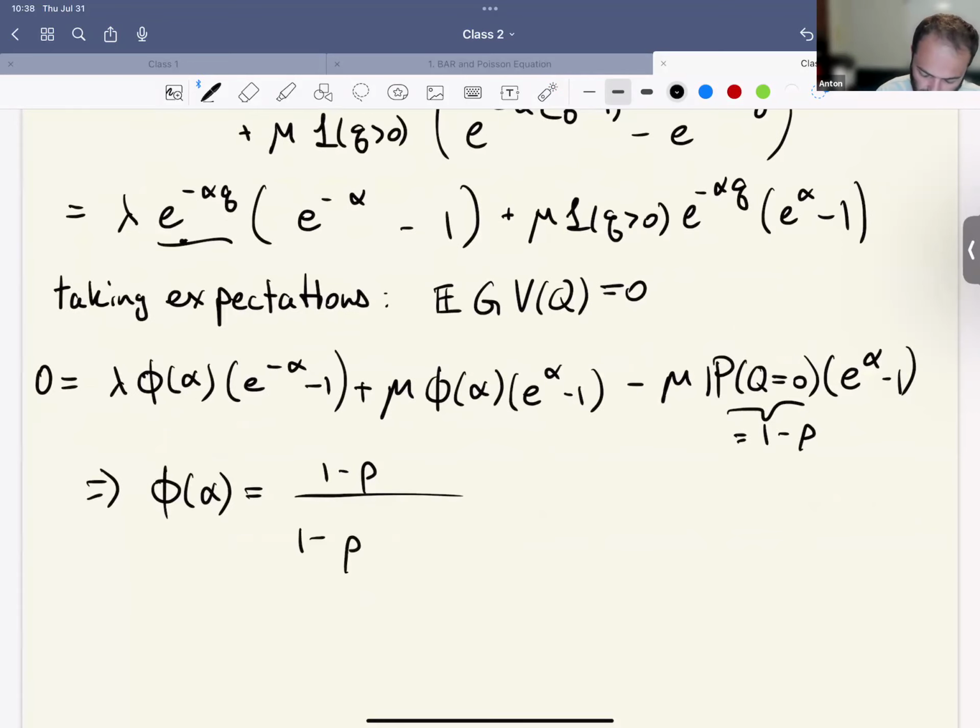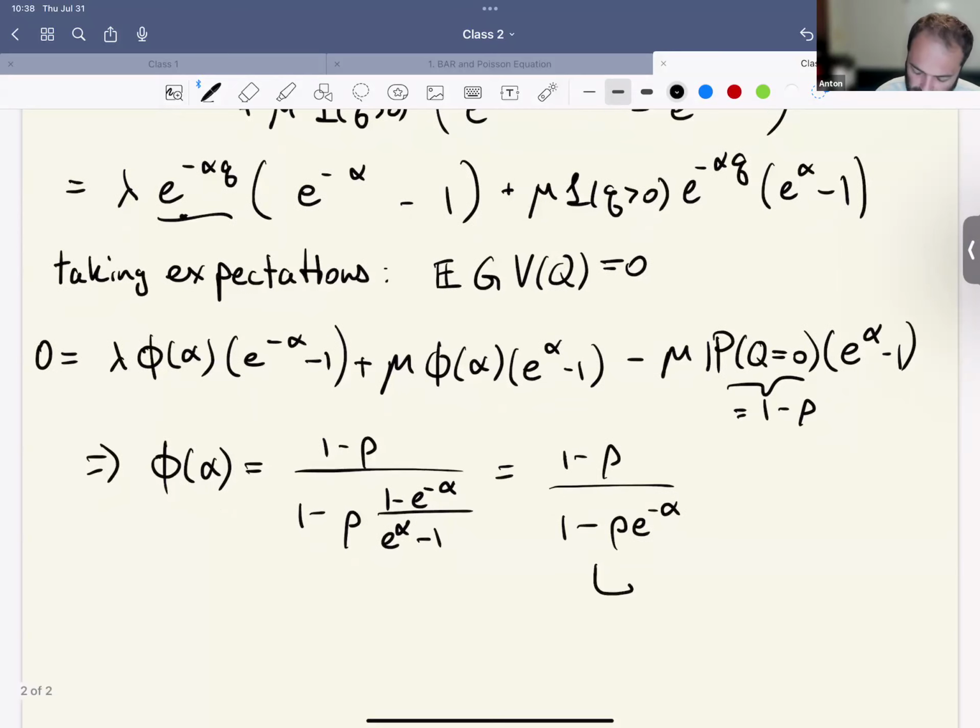We get phi of alpha equals (1 minus rho)(1 minus e to the negative alpha) over (e to the alpha minus 1), which equals (1 minus rho) over (1 minus rho e to the negative alpha). And this happens to be the moment generating function of a geometric random variable.